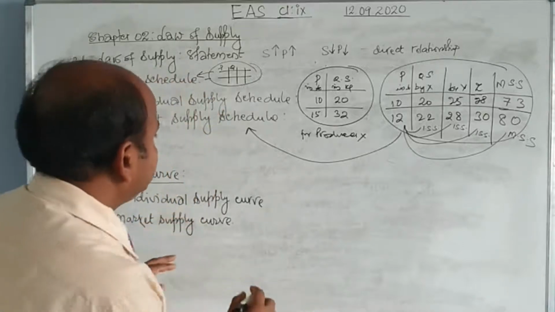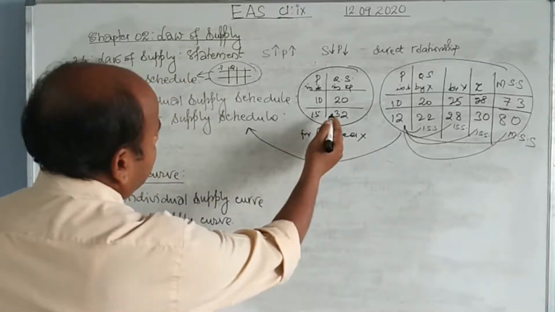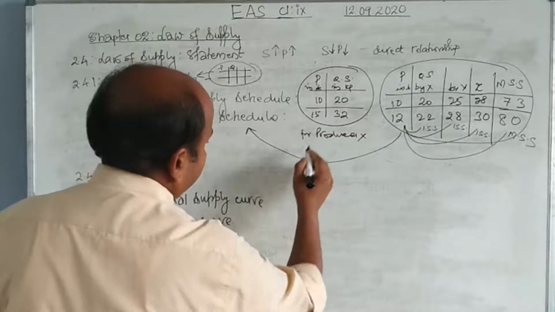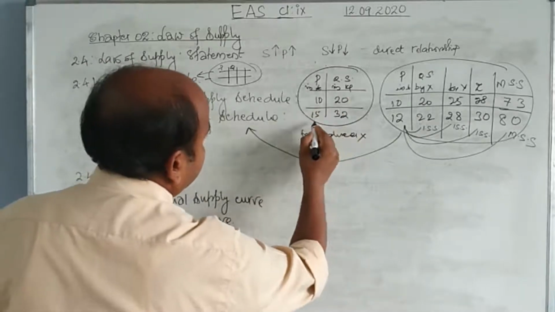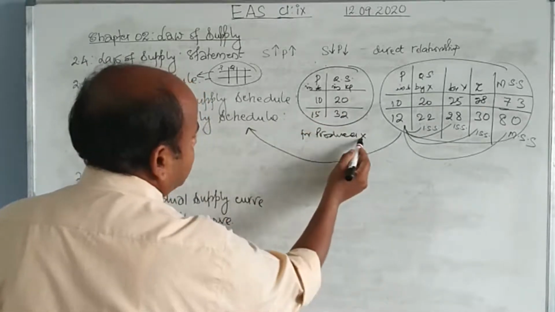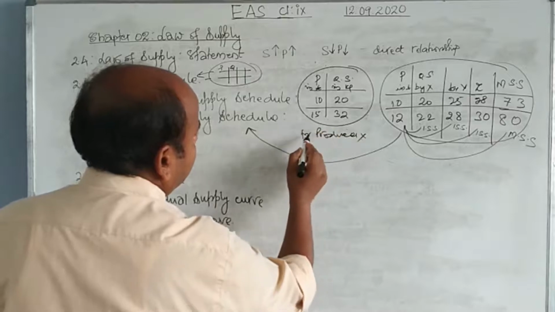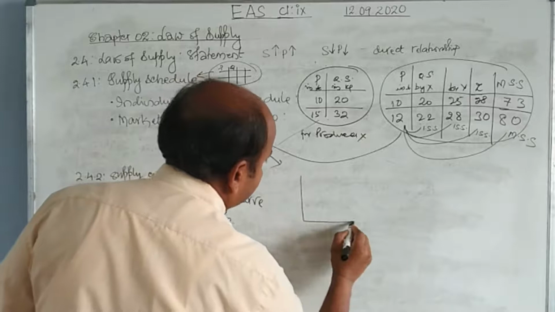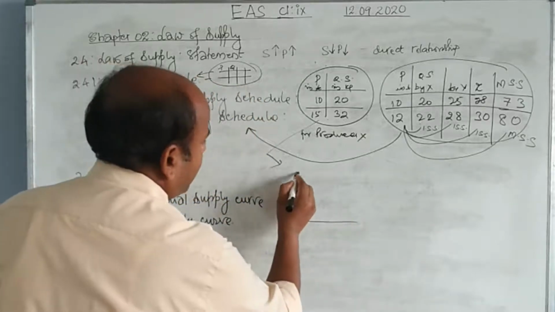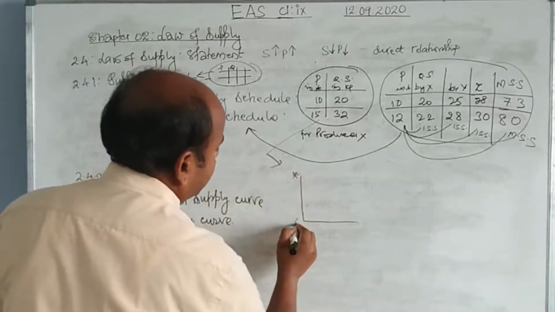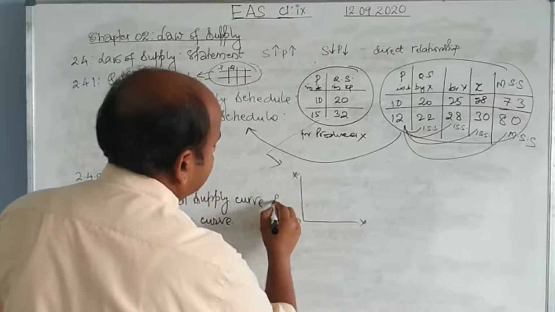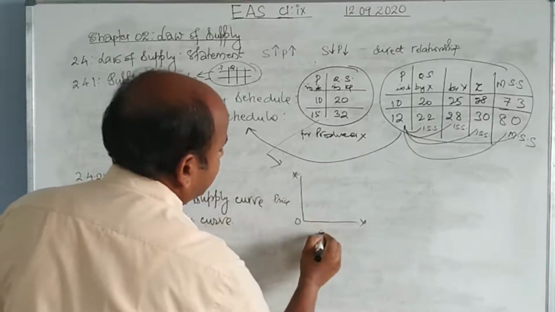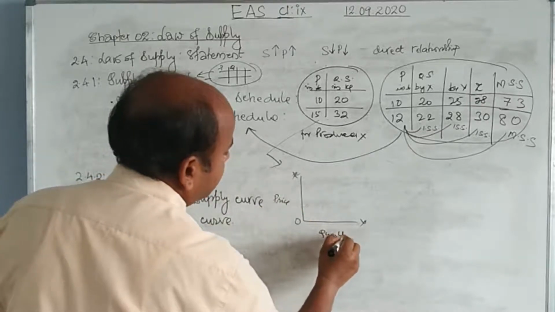Alright? Now, let us represent the schedule in terms of a graph. Say for X, if this is a schedule, then how will you convert this in terms of a graph? That's a curve. O, X, O, Y. This side shows the price and this side shows the quantity supplied.